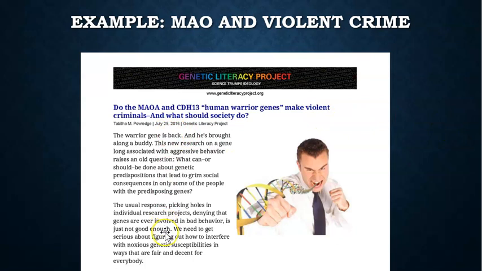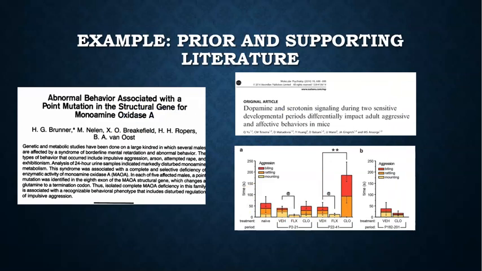And so this is a news article. Okay, it reports on a scientific article. Here's some more examples. Again, obviously you cannot use these ones, but these are the types of things. So, abnormal behavior, that's the psycho, associated with point gene mutation and structural gene for monoamine oxidase A. Okay, monoamine oxidase A. We will definitely be talking about that in relation to our drugs.